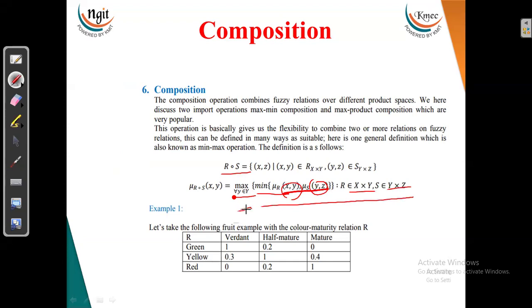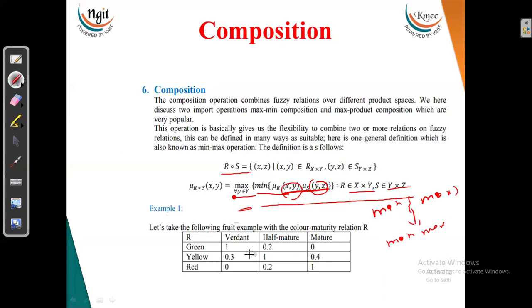This is called max-min. In the same example, if min is outside and max is inside, it is called min-max. So remember, in max-min we first find the minimum values between the two relations, then the maximum. In the other case, we first find the maximum, then the minimum.